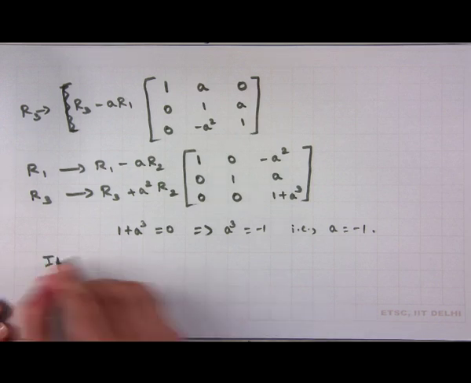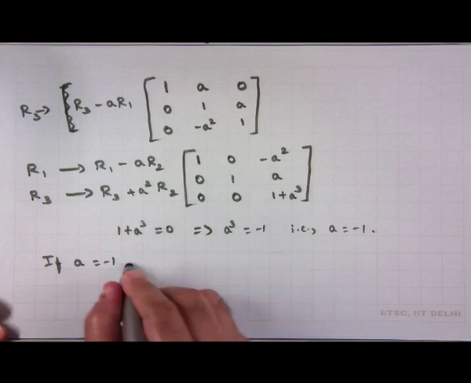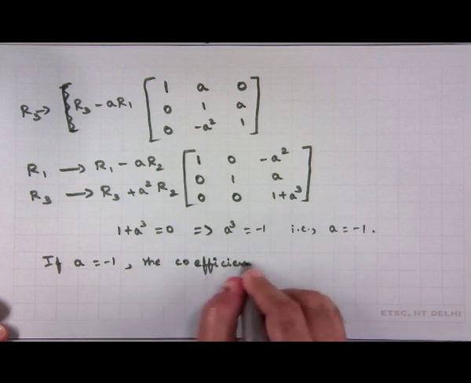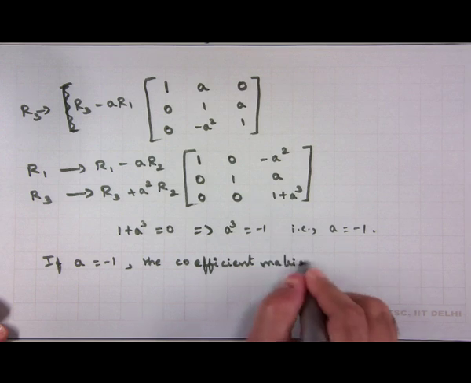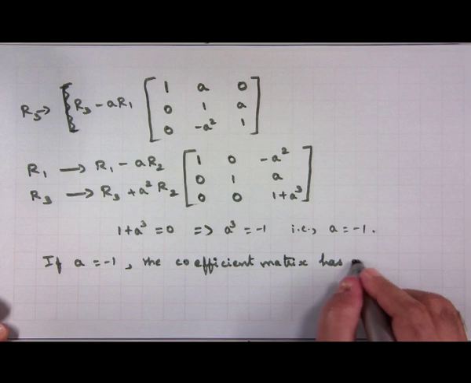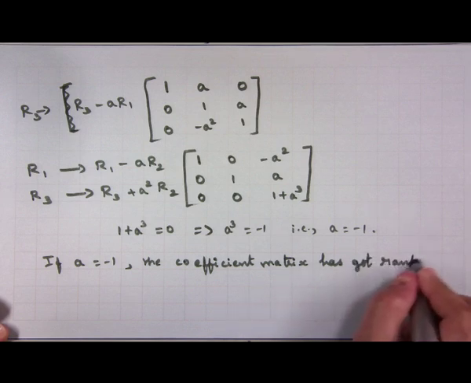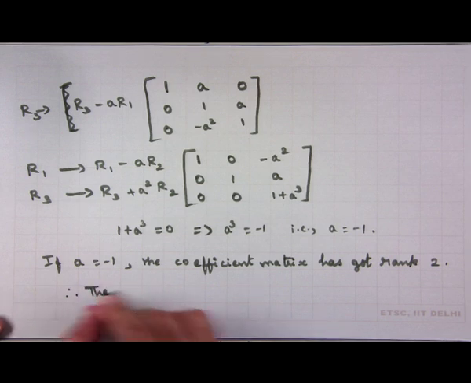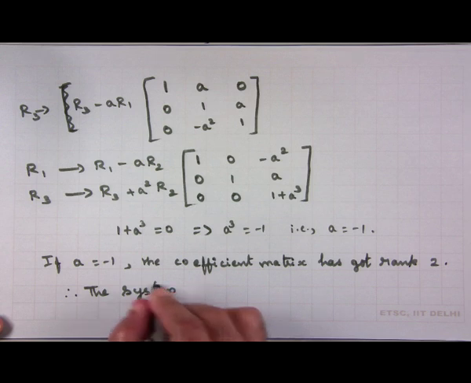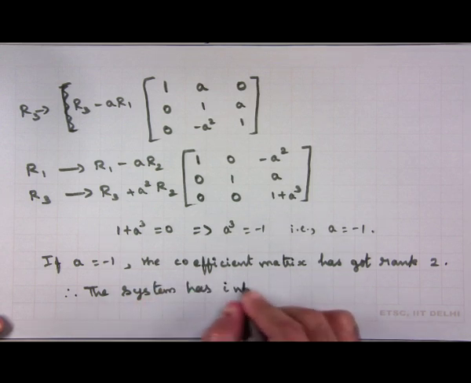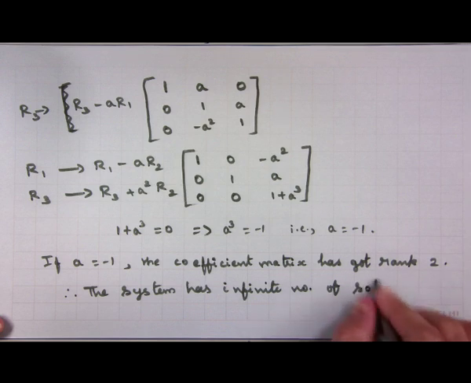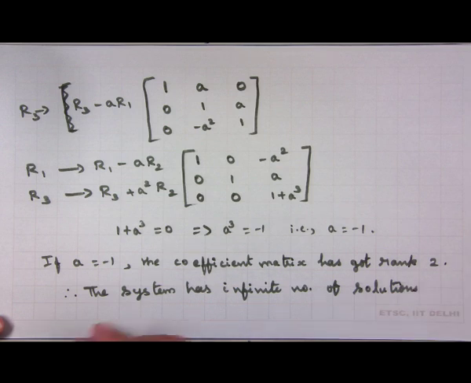So, if a equal to minus 1, the coefficient matrix has got rank 2. Therefore, the system has infinite number of solutions if a equal to minus 1.